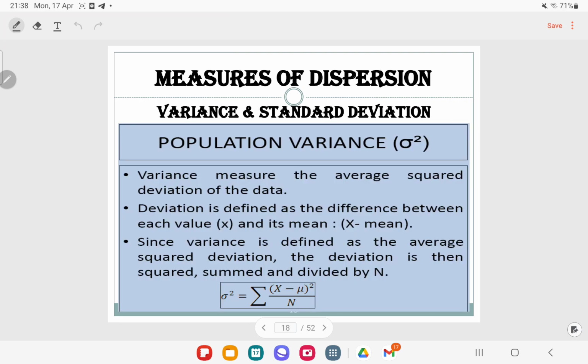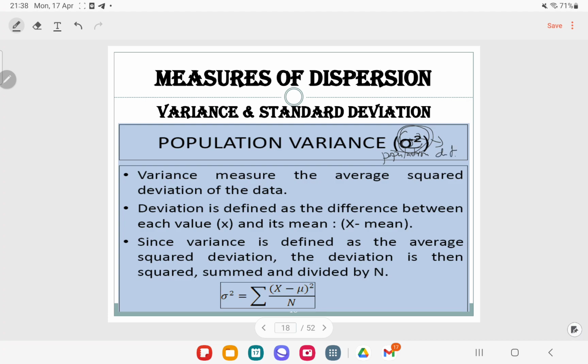We have two types of it, where the selection of the symbol will be determined by where the data set comes from. For the sigma squared, as I mentioned earlier, it represents the population data.